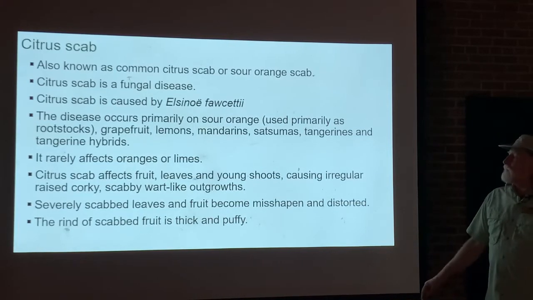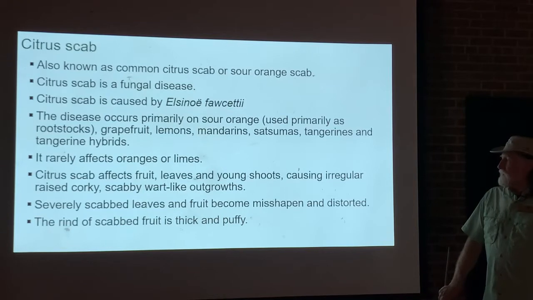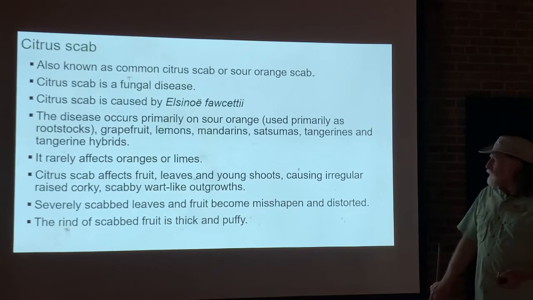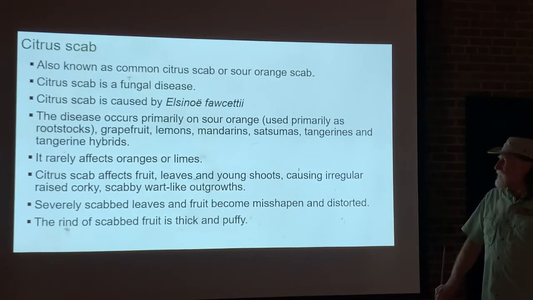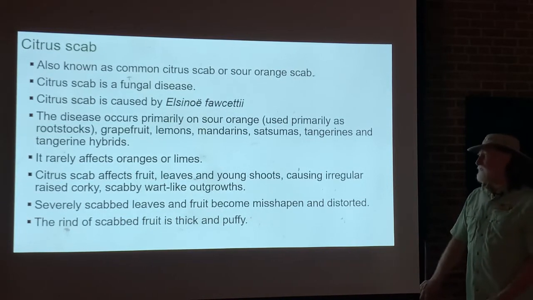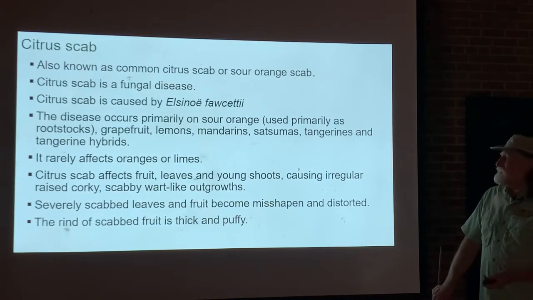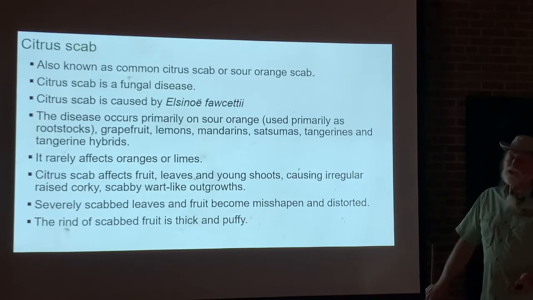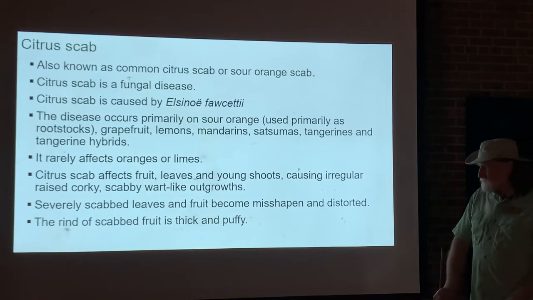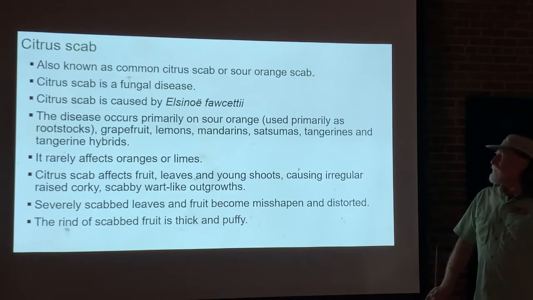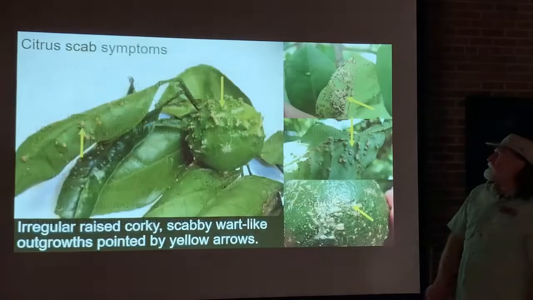Citrus scab will cause disease symptoms on the fruit, on the leaves, and on the young shoots, and the symptom is irregularly raised, corky, scabby, wart-like outgrowths. Pretty gross when you see that description. These severely scabbed leaves and fruit will become misshapen and distorted. The rind of the fruit will get thick and puffy once infected with the fungus.